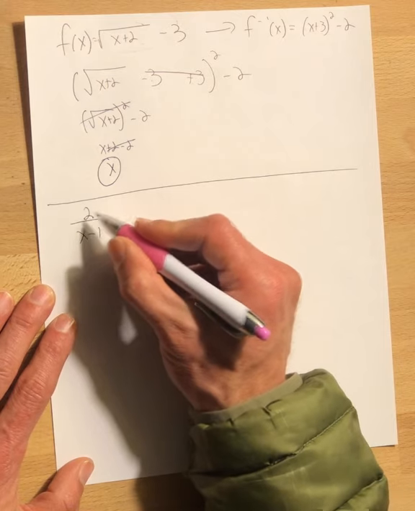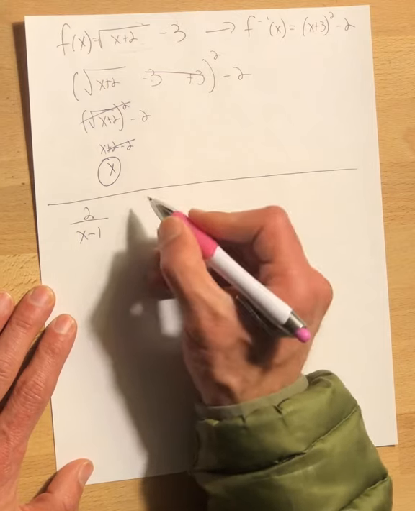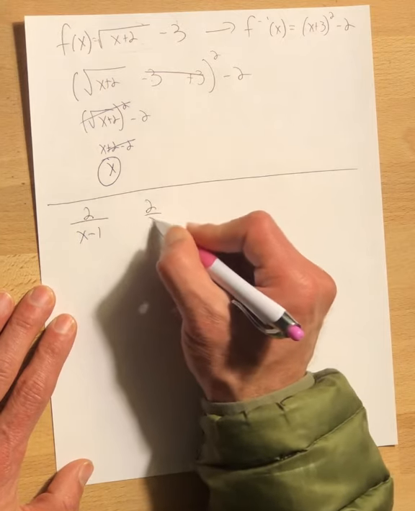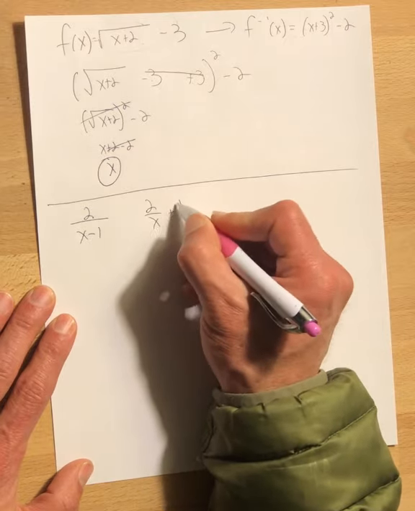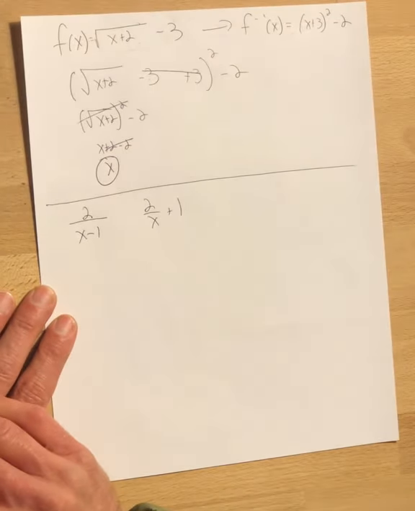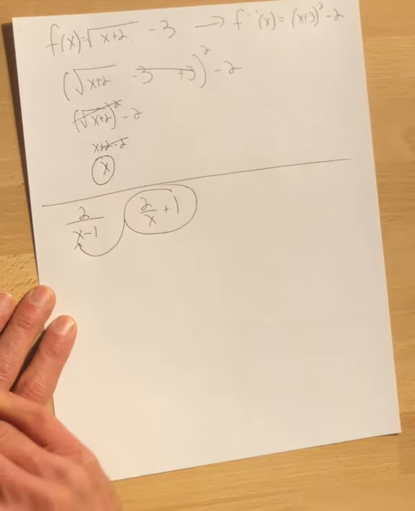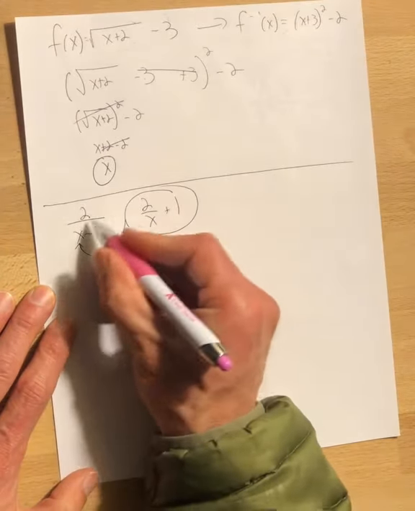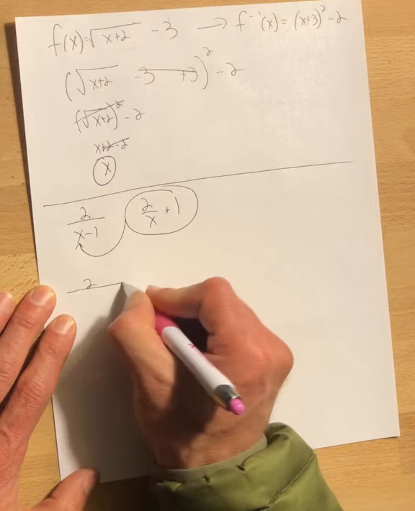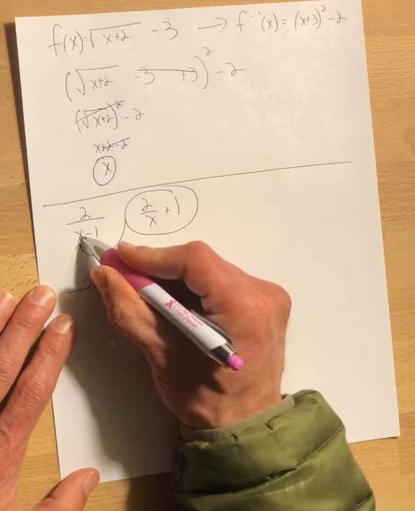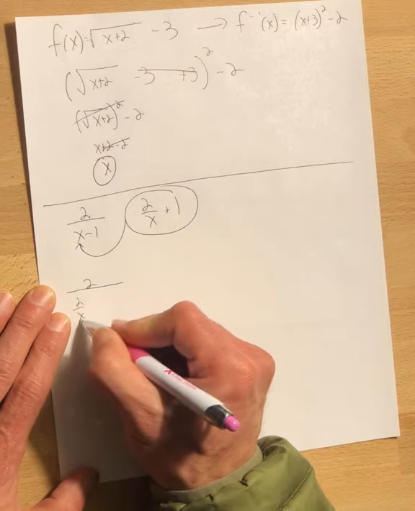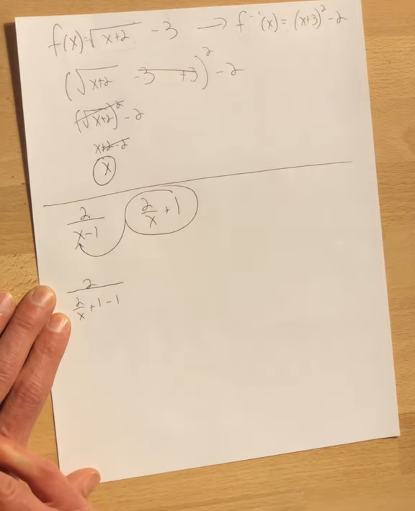It tells you to prove that this is a function and prove that 2 over x plus 1 is the inverse of this function. The way you prove it is you take one of these and you plug it into your other x. So I'm going to do this, 2 over, I'm going to plug this whole thing in place of this x, 2 over x plus 1 minus 1.